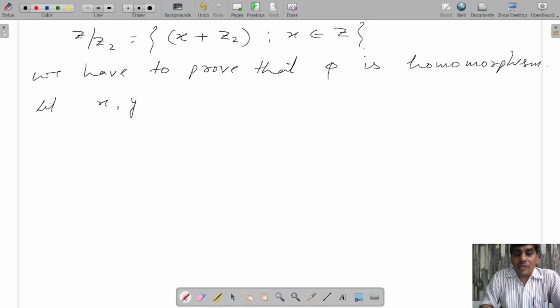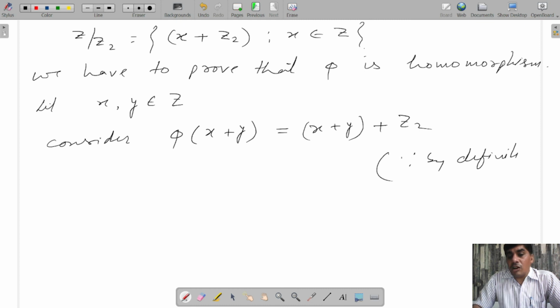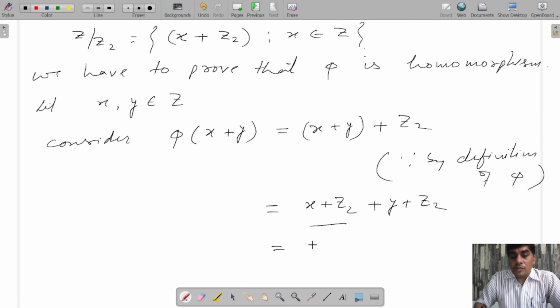Let x, y belong to Z. Consider phi of x plus y is equal to phi of x plus y plus Z2, because by definition of phi we can write it as x plus Z2 plus y plus Z2, which is equal to phi of x plus phi of y.